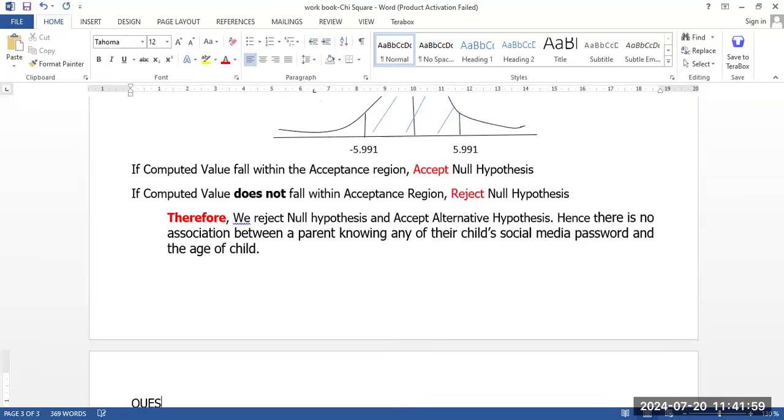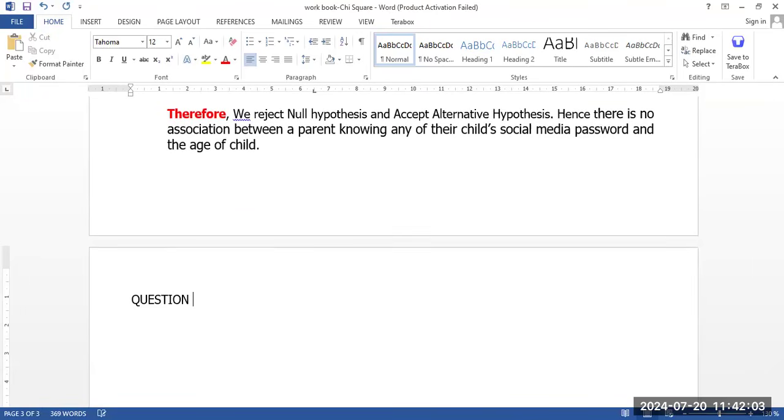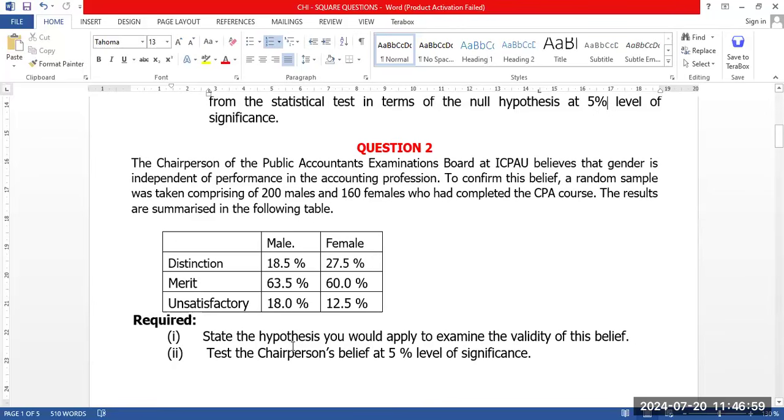So, question 2. They are telling us that you state the hypothesis you would apply to examine the validity of this belief.